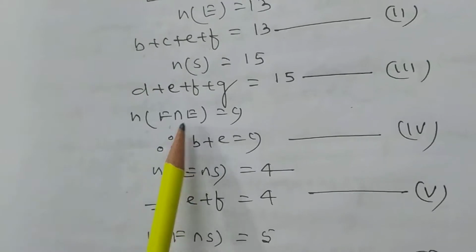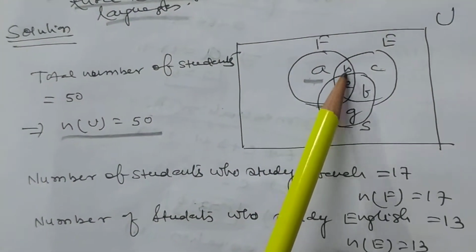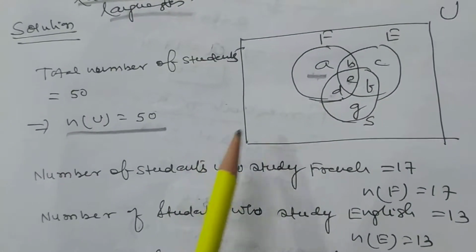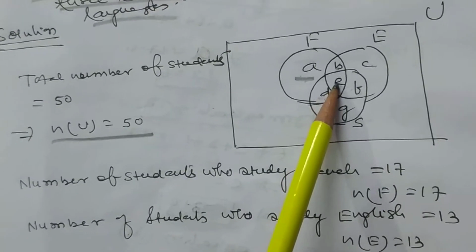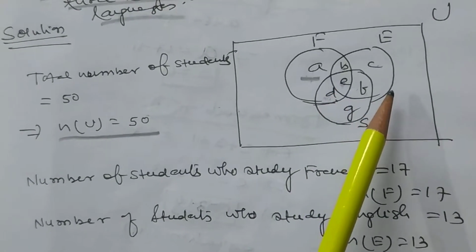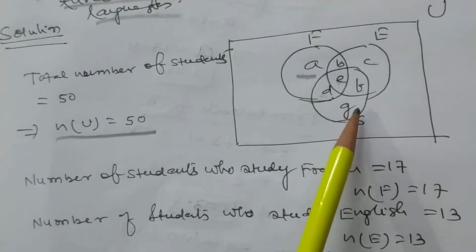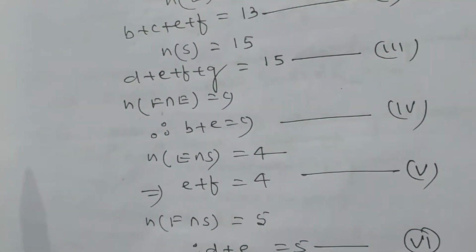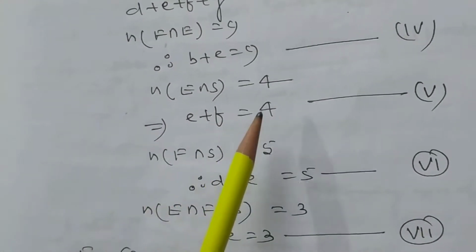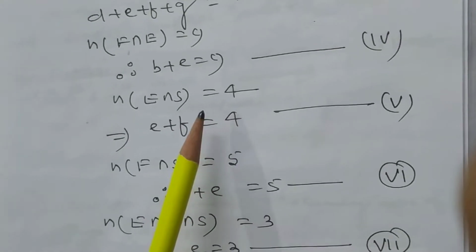The cardinal number of F intersection E is B plus E. F intersection S is D plus E. And also S intersection E is E plus F. So in this way, we can form the equations by observing the relations.